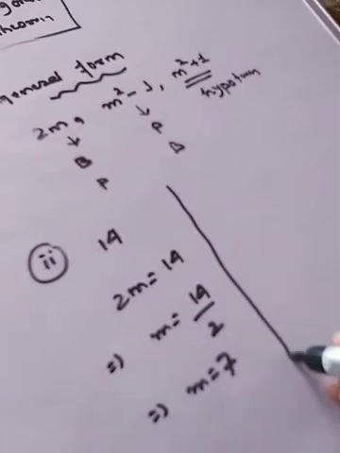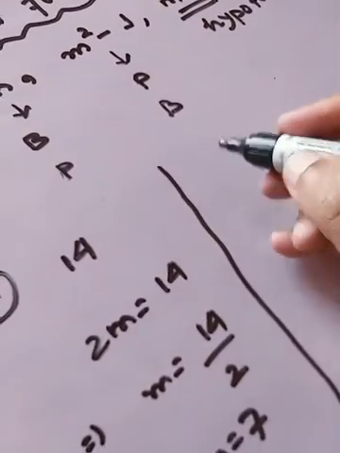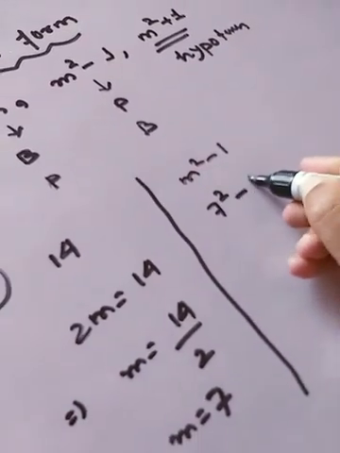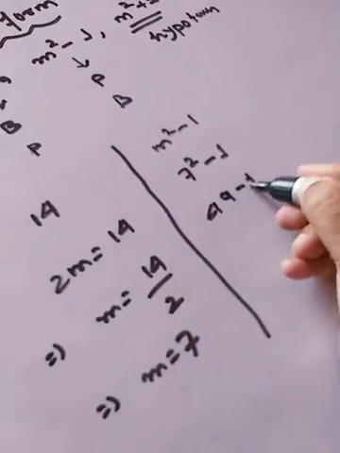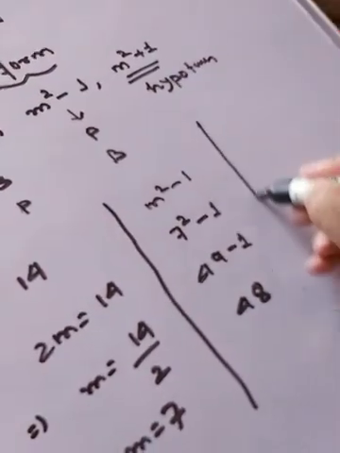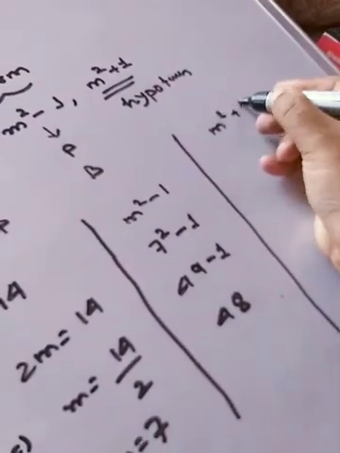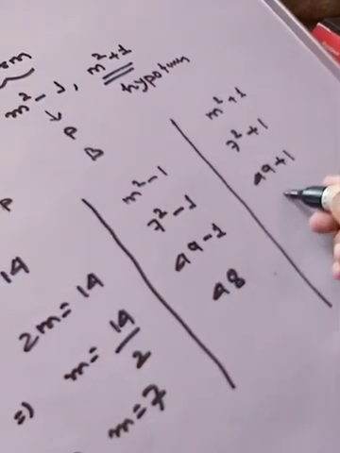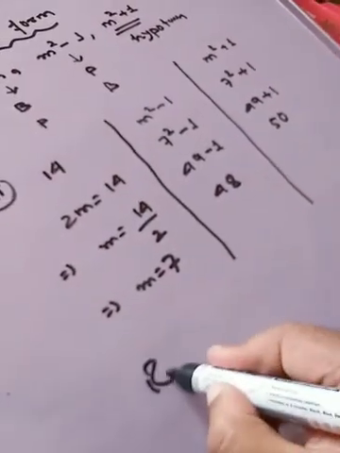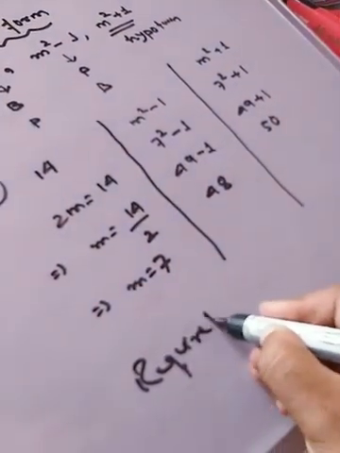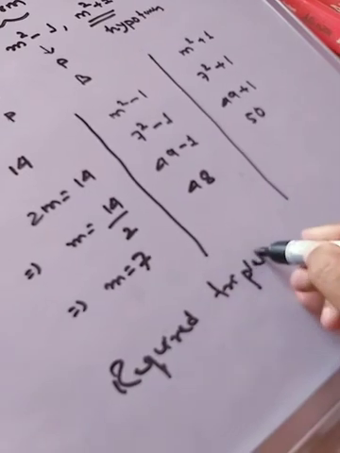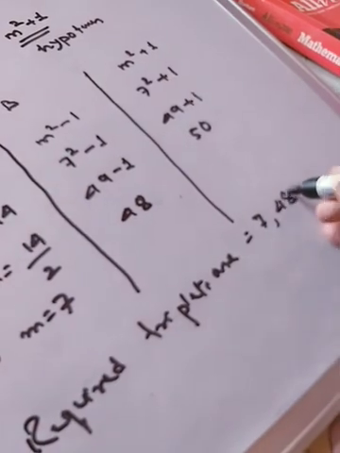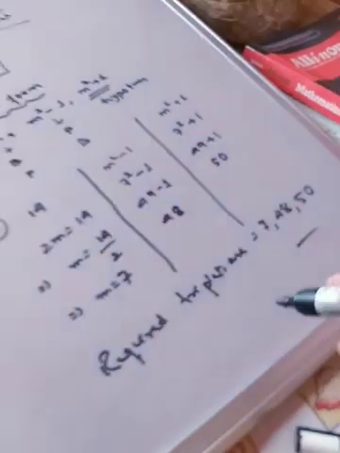Now as we are aware of the value 7 of m, we can get the second one, that is m square minus 1, 7 square minus 1, 49 minus 1, that is 48, and the third one is 7 square plus 1, that is 49 plus 1, that is 50. So the required triplets are 7, 48 and 50. So this is your answer, students.